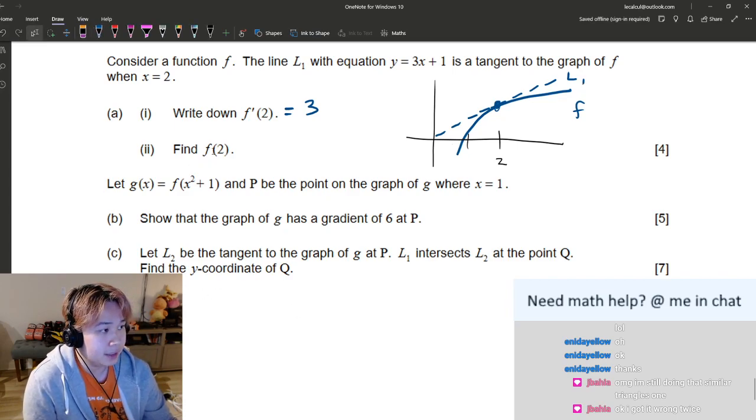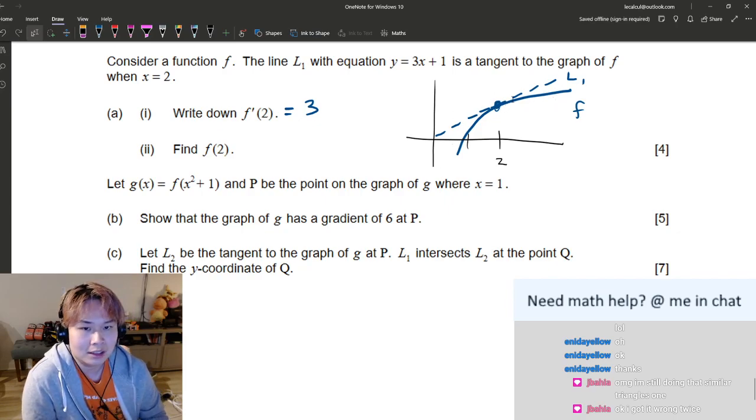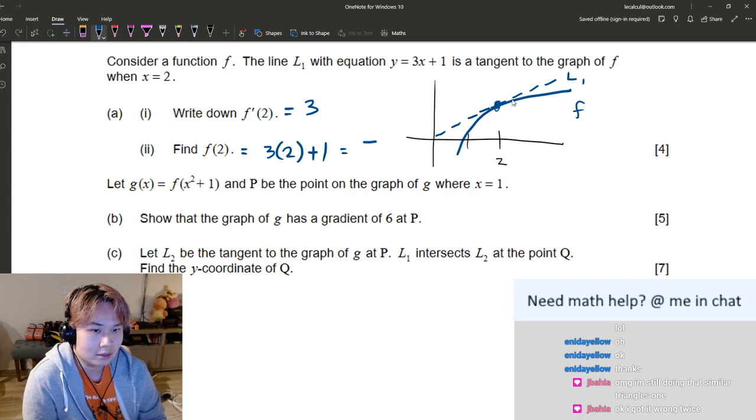So the issue of finding the function, if you plug in, like it's saying plug in 2 into the function, but you have no idea what the function is. But luckily we can find out the value using the equation, because the y value of the line at the x value is the same as the actual value of the function at the x value. So what I'm going to do is I'm just going to plug in 2 as my x value into the linear equation. So this is just 7.